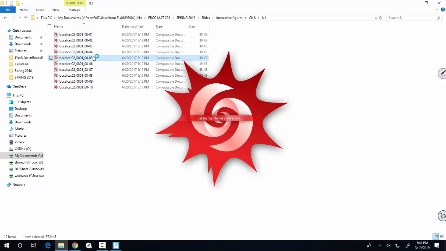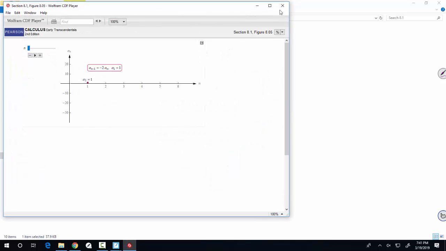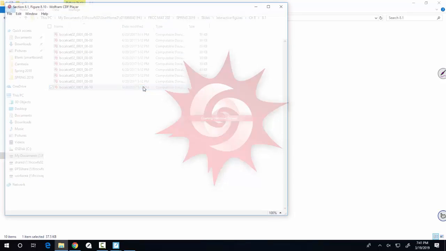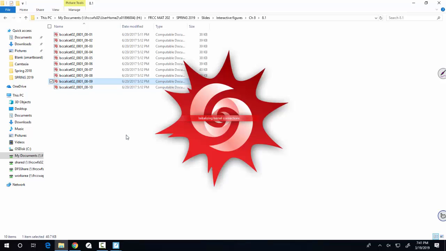So I meant to put a better picture there, but let's see if I can find it. It's a visual representation of what's going on, why that converges to 1.